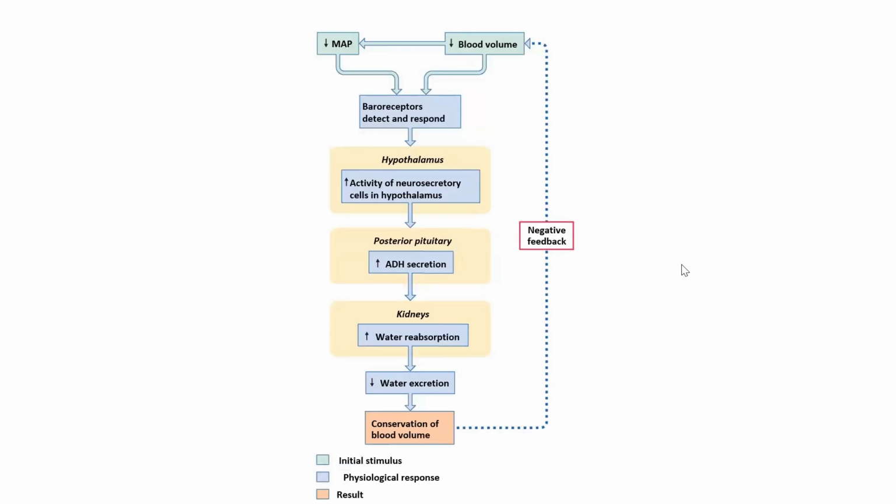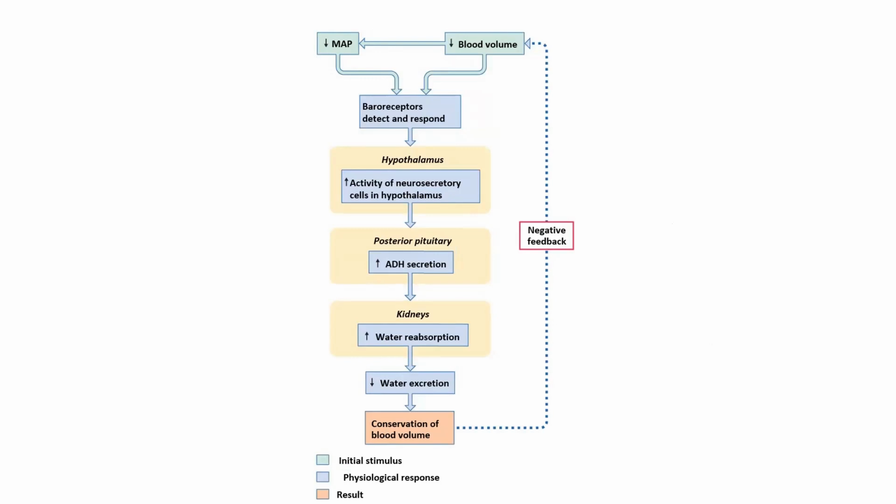Okay. The second stimuli for ADH secretion was the baroreceptors detecting blood pressure and blood volume. So again, if we have similar types of clinical scenarios, low blood volume, hemorrhaging, dehydration, the initial detector is going to be those baroreceptors that are detecting how much stretch exists in our vessels.